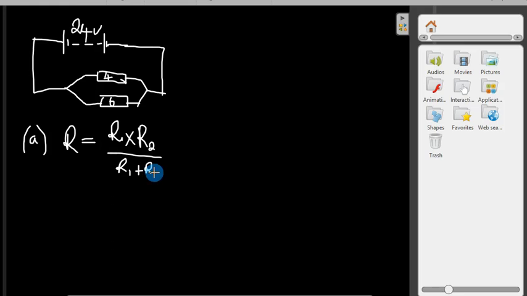Please take note, this works only for two resistors, not for three resistors or more. It can only work out for two resistors.